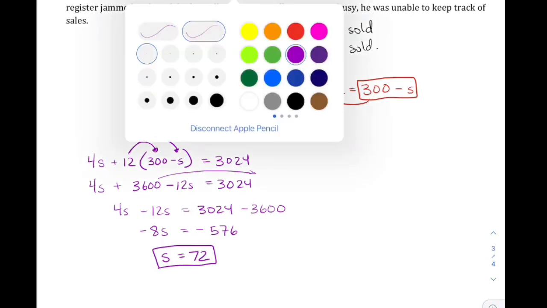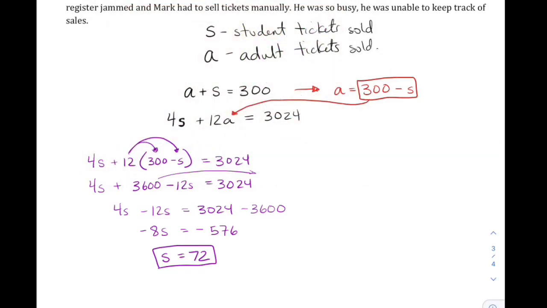Now let's try to find out what the adult tickets were. Well, remember, we have that in red. Adult tickets is equal to 300 minus S. Well, I know S is 72 now. Adult tickets is equal to 300 minus 72. I put that in my calculator, and I get 228.